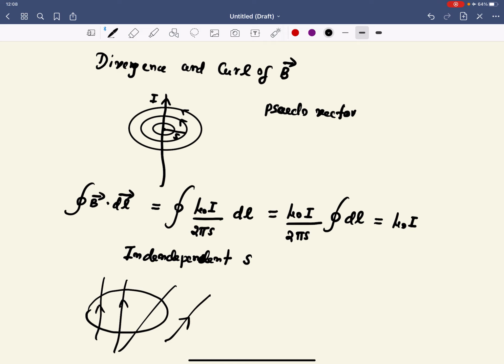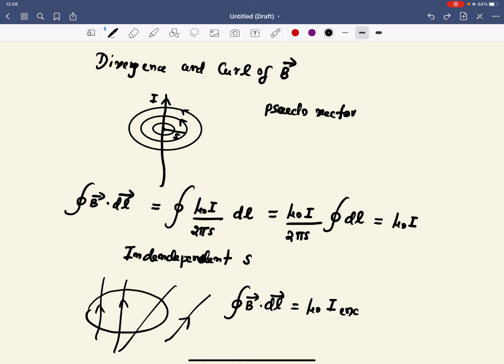So then this closed integral can be written as B dot dl is equal to mu 0 I enclosed, where I enclosed is the current inside the integration path, okay.